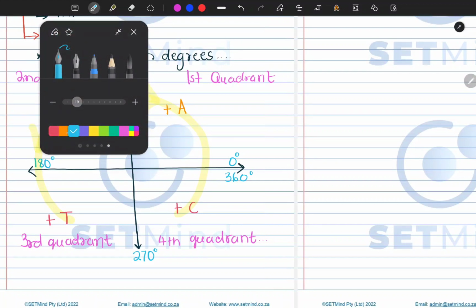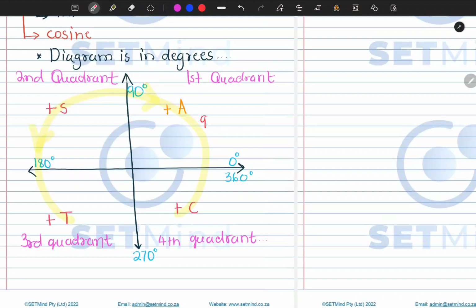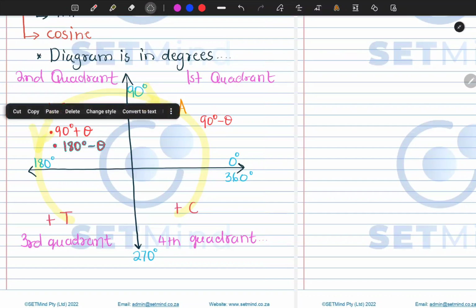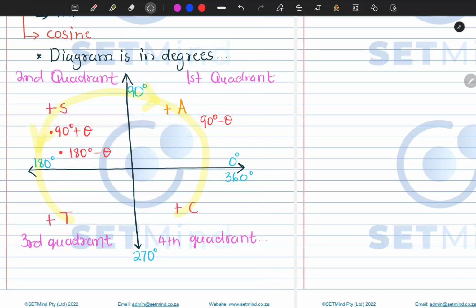Whenever we see an angle, we need to be able to map it to a specific quadrant. Whenever we see an angle 90 minus theta, we should think of the first quadrant. Whenever we see 90 plus theta, we are going to the second quadrant. When we see 180 minus theta, we are also speaking of the second quadrant. This is very important to remember.